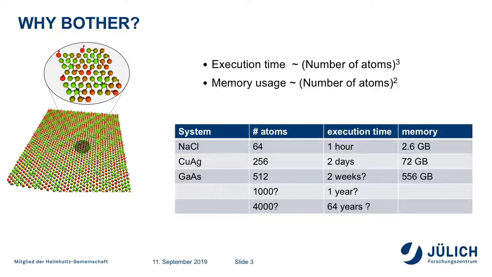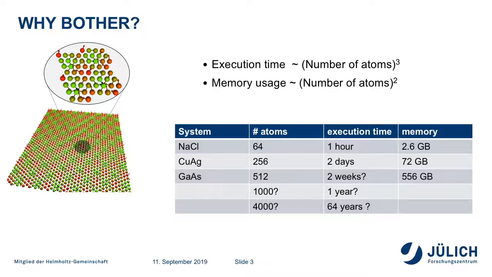But another issue is that this calculation is actually the diagonalization of a big, dense Hermitian matrix, right? And you need to store this matrix in your memory. With 2 GB, you can fit it on your laptop.